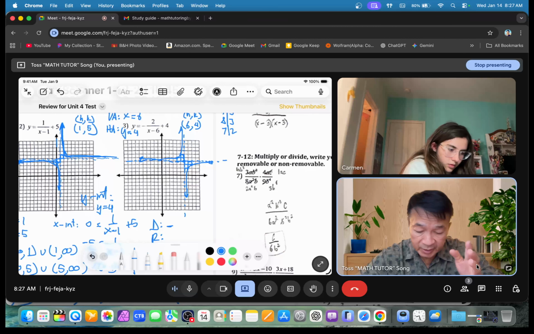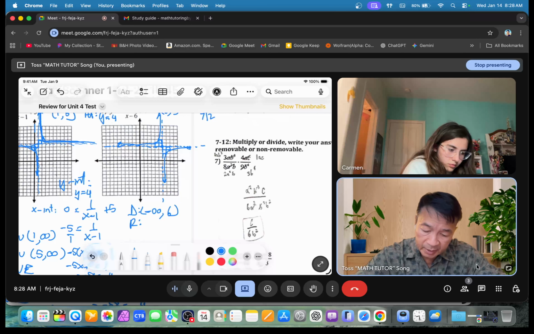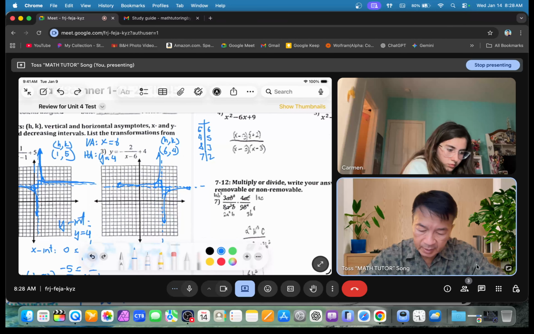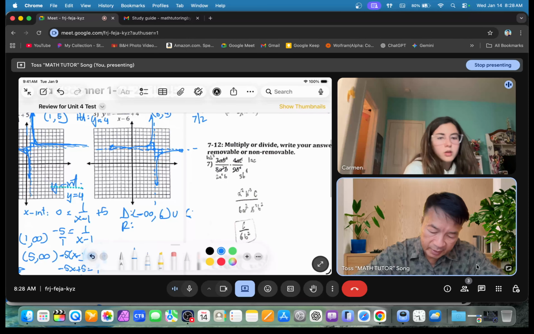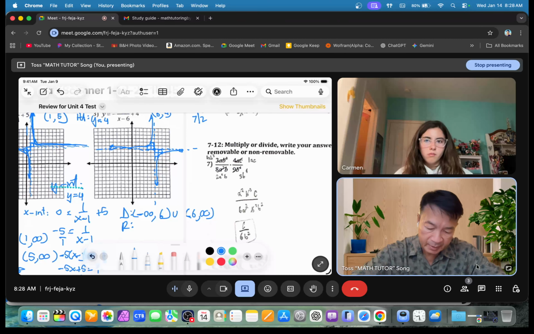We're not talking about increasing, decreasing here. Domain is all the x's. So all the x's is going to include negative infinity all the way to 6, not including 6 because of this asymptote right here. And then from 6, union, 6 to positive infinity. That's for the domain.